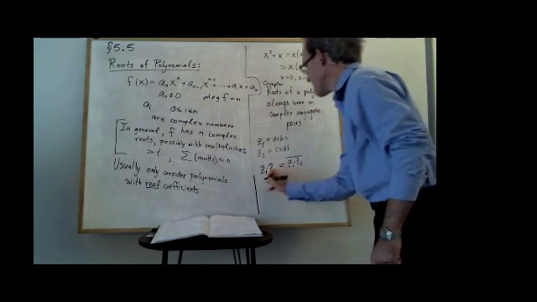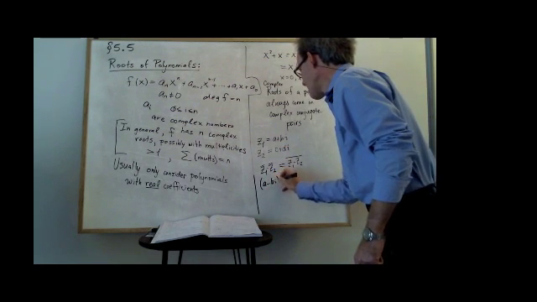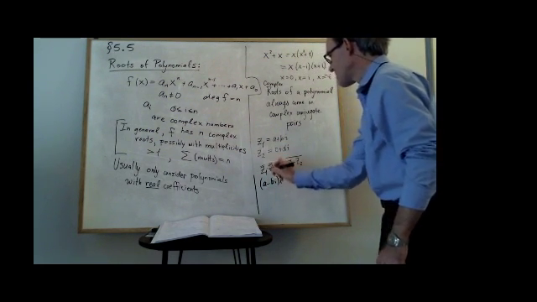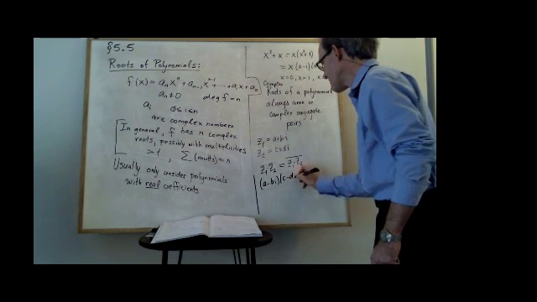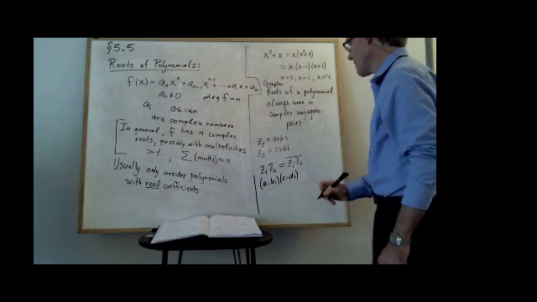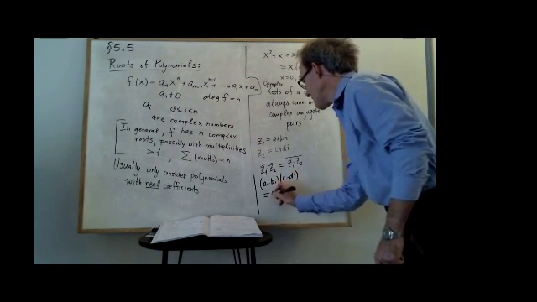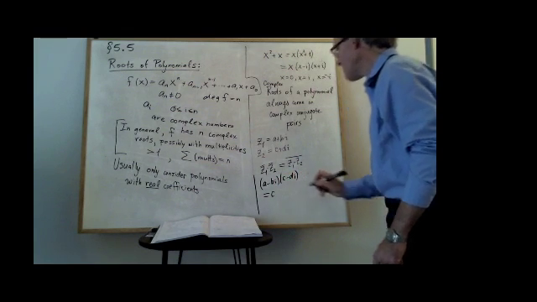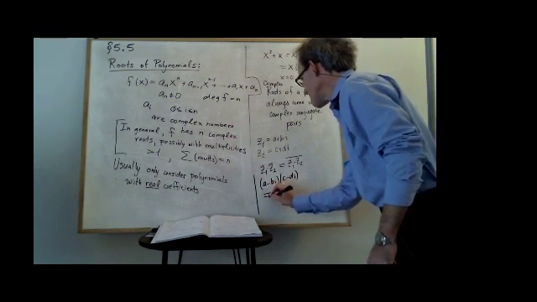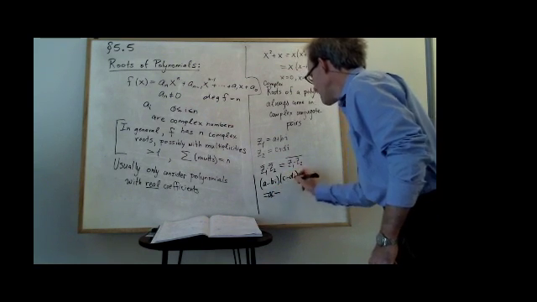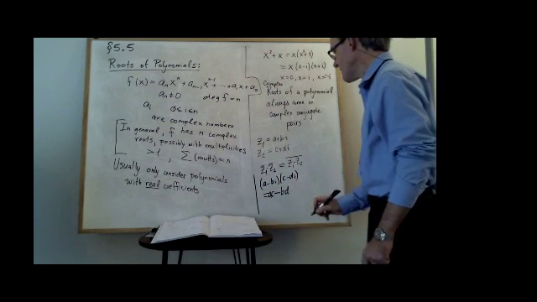Okay, so this is true. Why is it true? Let's see. If I put in a minus bi, that's the complex conjugate of z1, and c minus di, the complex conjugate of z2, then what do I get? I get on this side ac. Now minus b times minus d is plus bd, but then I have an i squared, so it's minus, oops, that should be ac minus bd.